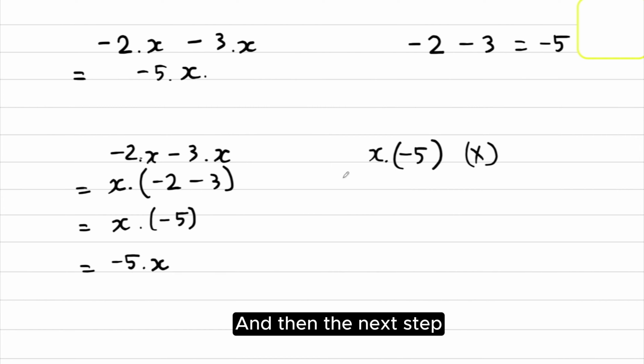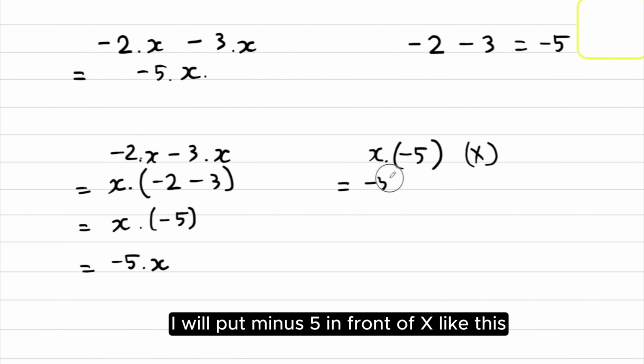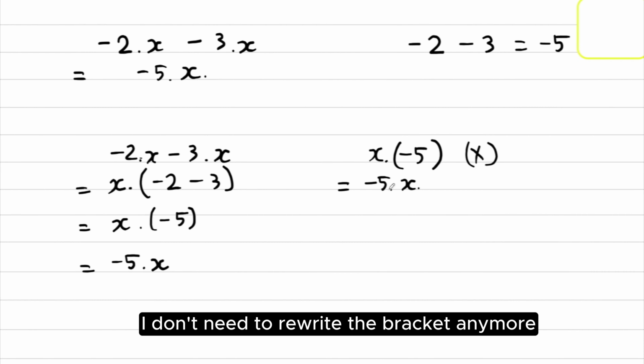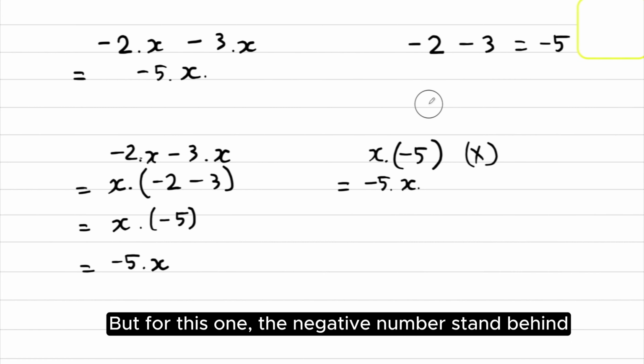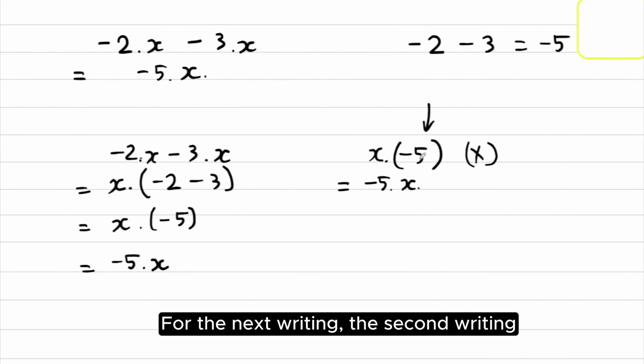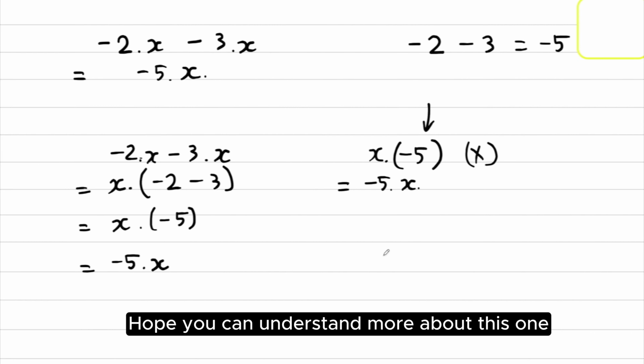In the next step, I will put minus 5 in front of x, like this. For this writing, I don't need to rewrite the bracket anymore, but for the first one the negative number stands behind, so I have to put it inside the bracket. For the second writing, minus 5 times x, you don't need to rewrite the bracket. Hope you can understand more about this one.